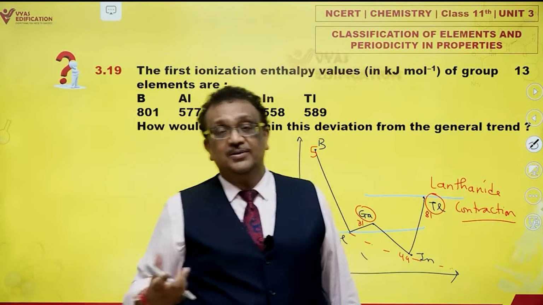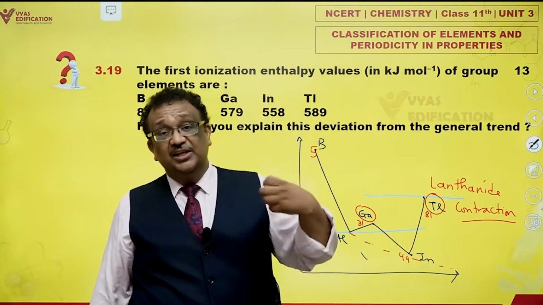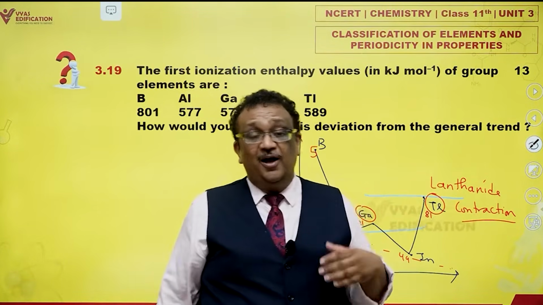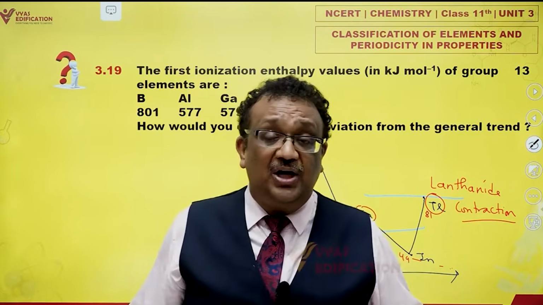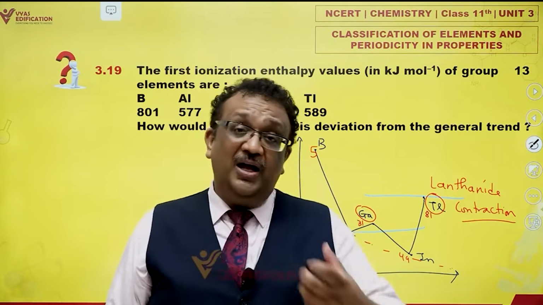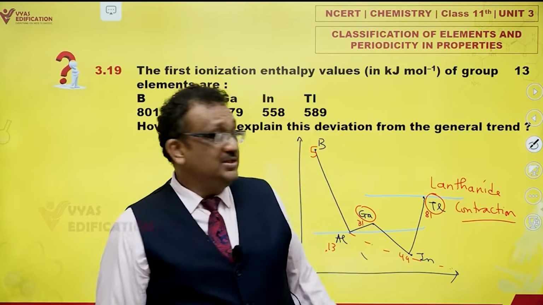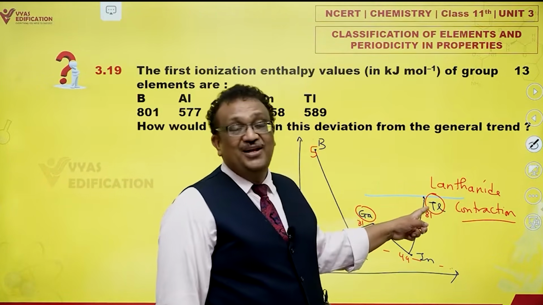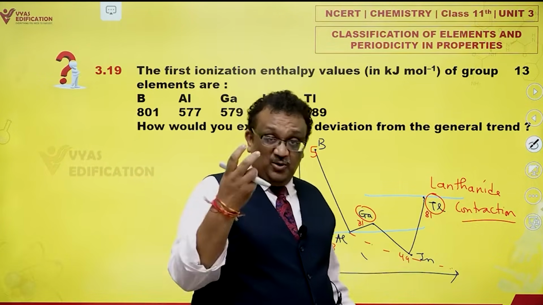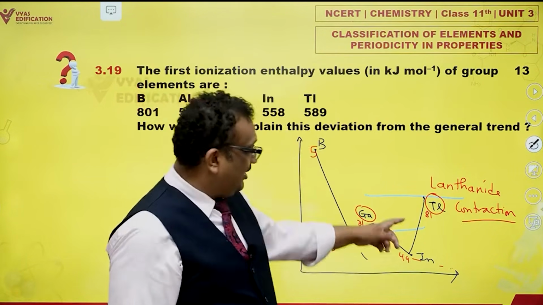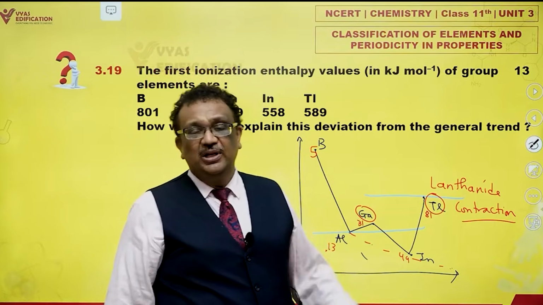Why? Because nuclear charge has increased, but the extra electrons which have been added are not able to screen that extra nuclear charge. So there is a greater attraction of the outermost electron by the nucleus, and that leads to an increase in ionization energy.